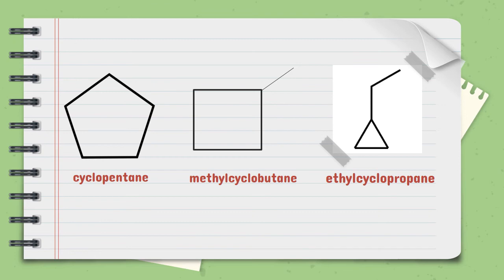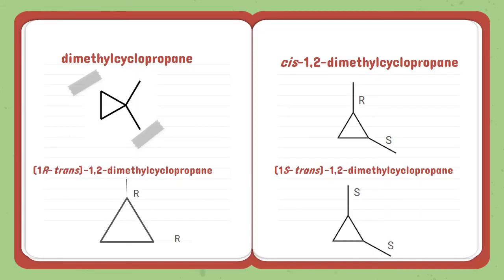And then ethylcyclopropane, same: cyclo means cyclic structure, propane means 3 main carbons, and ethyl means there is a branch formed by 2 carbons. The next is dimethylcyclopropane, which means propane, 3 carbons in the main structure, cyclo means cyclic structure, and dimethyl means there are 2 branches formed by 1 carbon each.